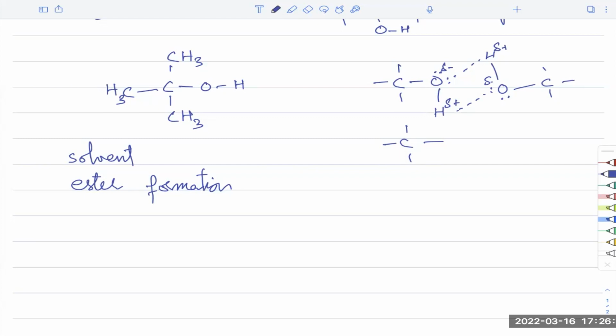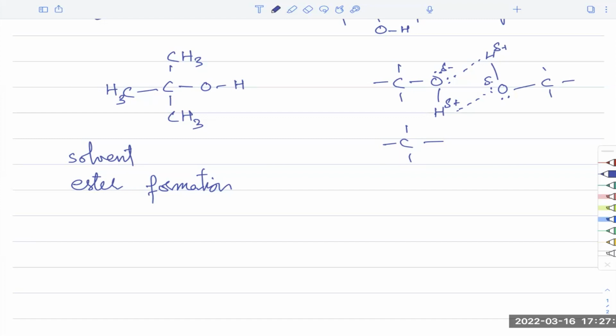So that alcohol will not dissolve in water. It's a misconception that students have that all alcohols dissolve in water. That's not the case. Only the small molecules are. And again, the reason is that in small molecules, the primary formation of hydrogen bonds is quite strong, and that allows them to dissolve in water. Larger alcohols will not dissolve in water.